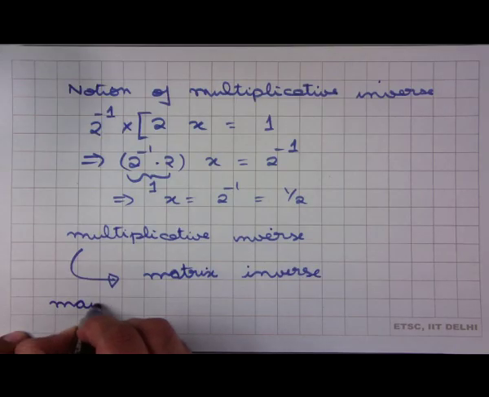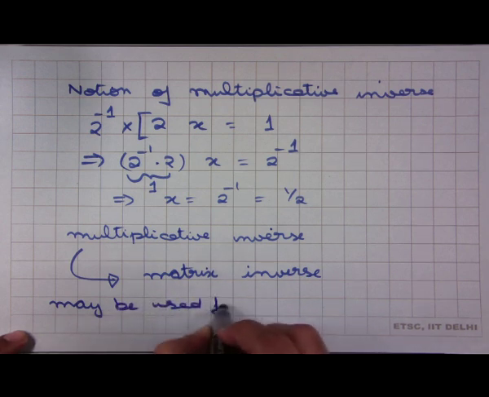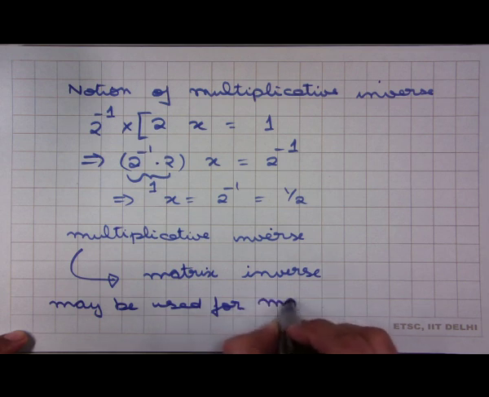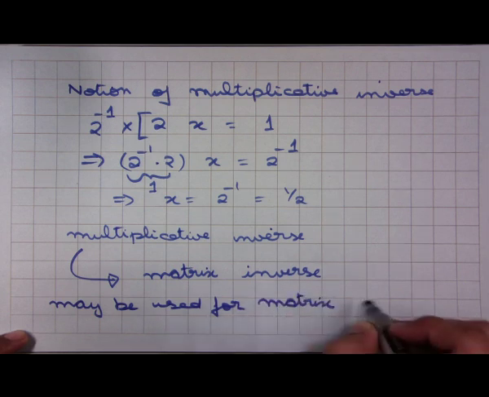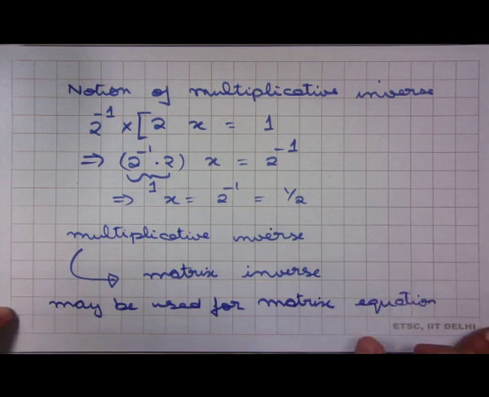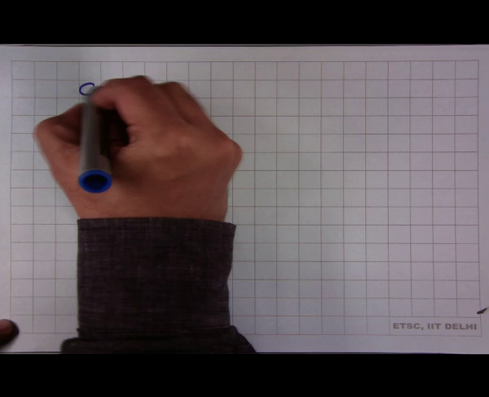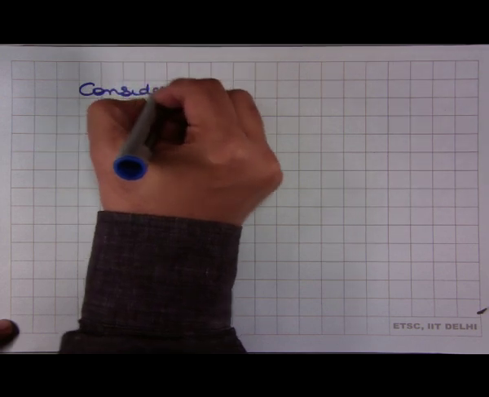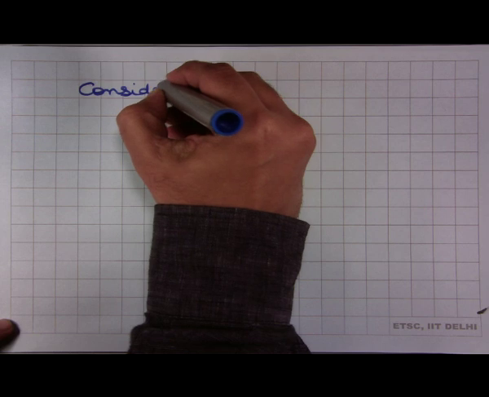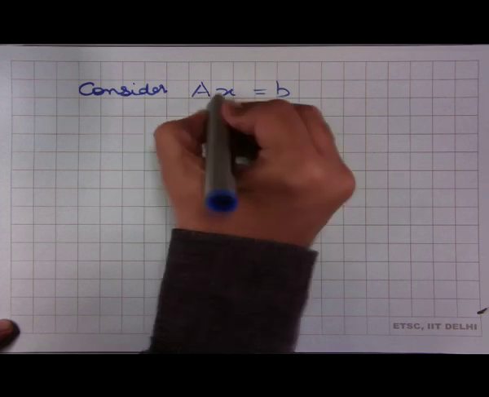So, we have: the inverse may be used for matrix equations. How? Consider an equation Ax equal to B. Now, this is a general n by n matrix.